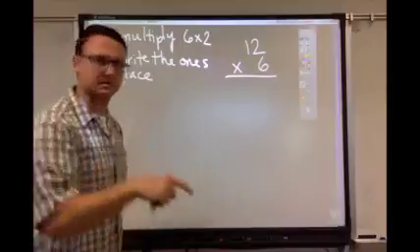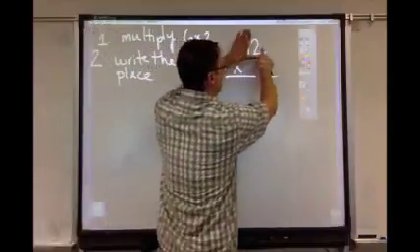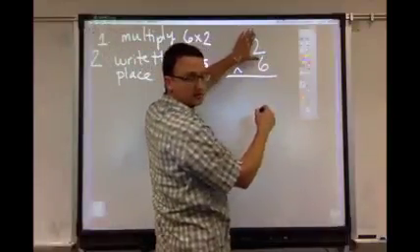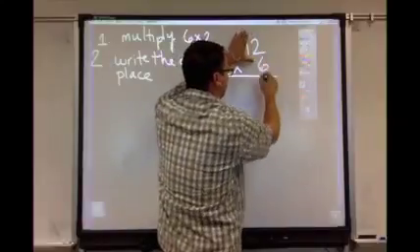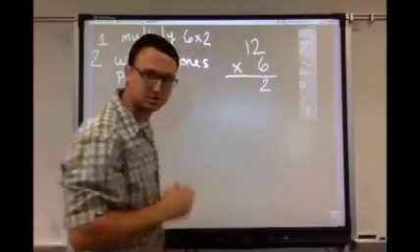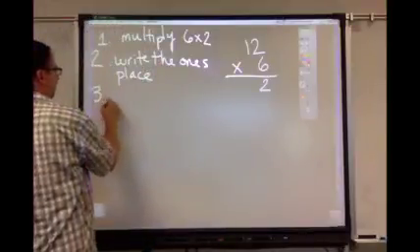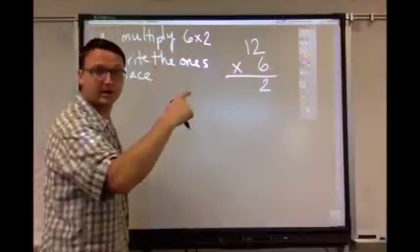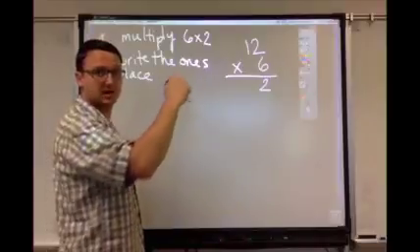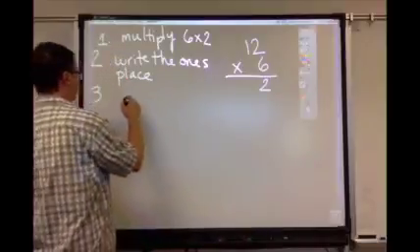So I will write the ones place. 6 times 2 is 12. Write the ones place. The 2 in 12 is in the ones place. Rule 3. Carry the tens place above the second digit.